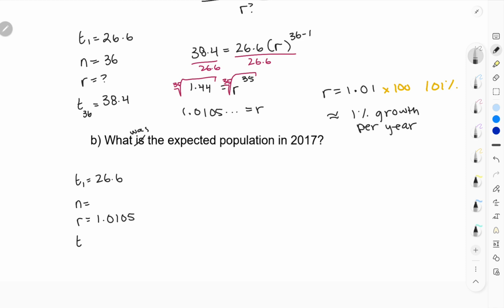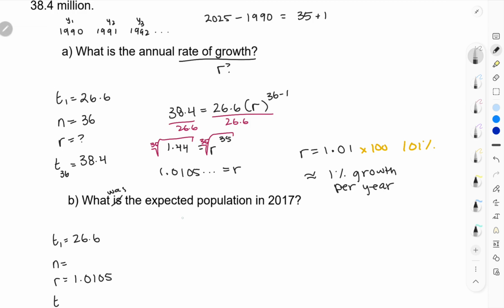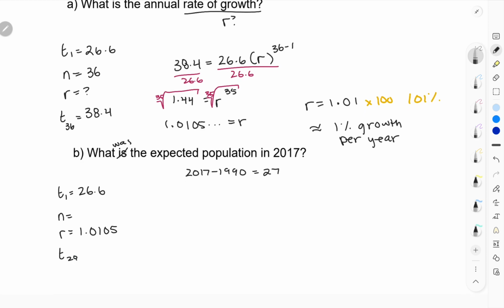I want to figure out what year this is. Same thing as before, right? From 1990 to 2017 is 27 years. So I'm actually looking for the 28th term because I need to be inclusive, right? I've jumped forward 27 years. My power on R should be 27.